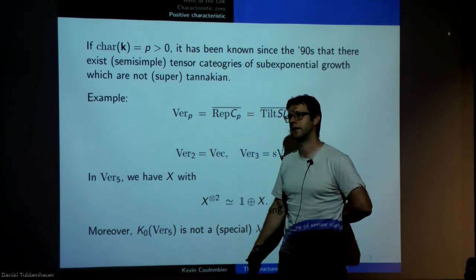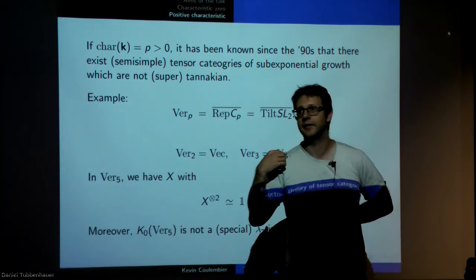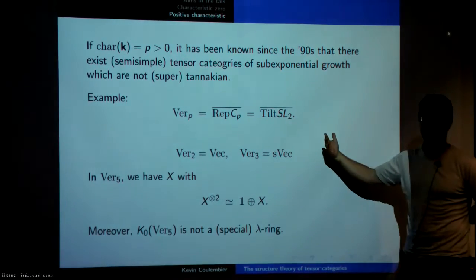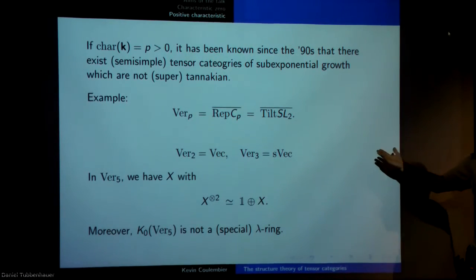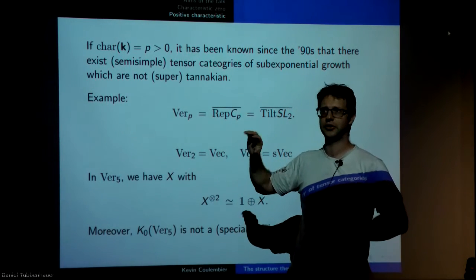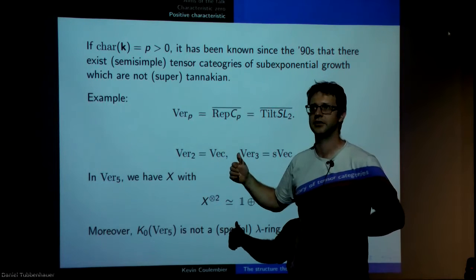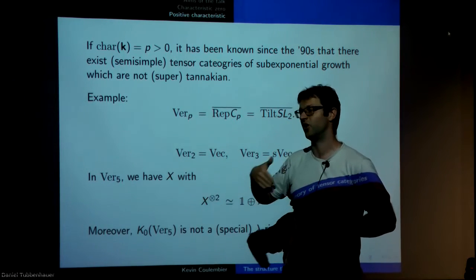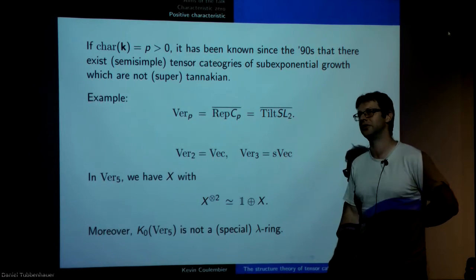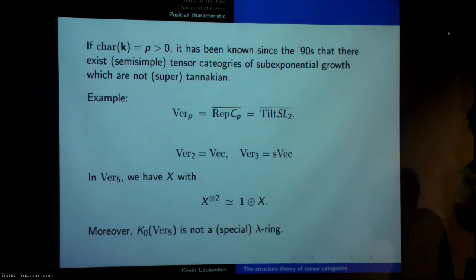What does that mean? Yeah. So you just do it in the category, but it is slightly ambiguous. For instance, you can say we look at invariance under a sign twisted action of the symmetric group, or the co-invariance, or you could even look at the image of the skew symmetrizer. They all give slightly different answers.